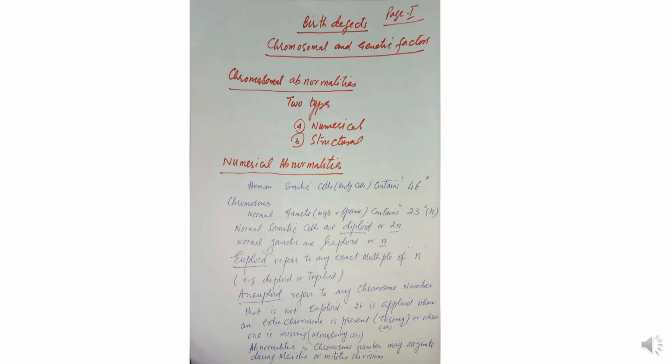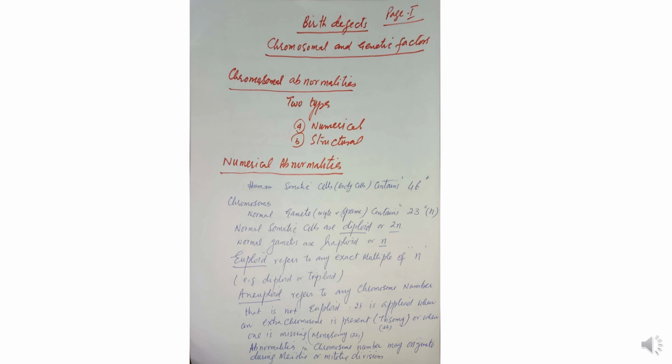So those are the structural abnormalities in which part of the chromosome breaks down, and either gets lost in the cytoplasm or attaches to another chromosome. Say part of chromosome 14 may attach to 21 and that becomes three components, which is trisomy, and where the part is lost, that is monosomy.